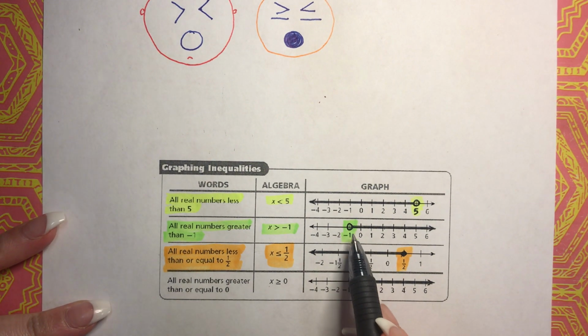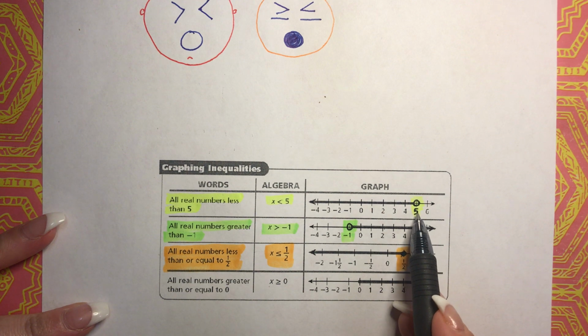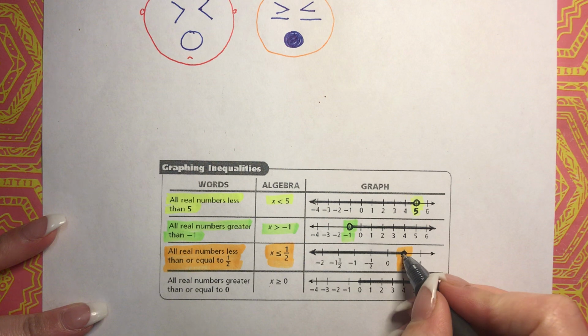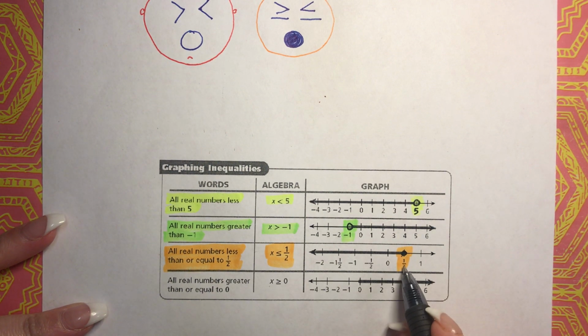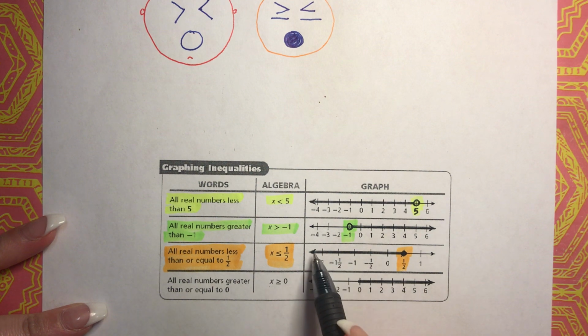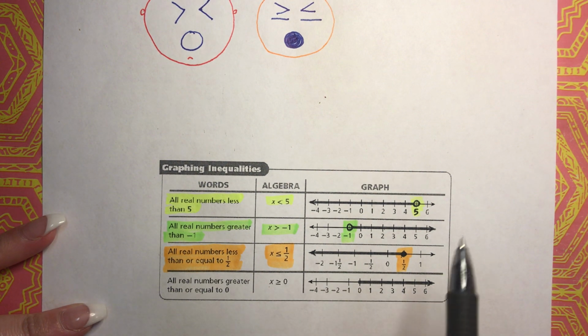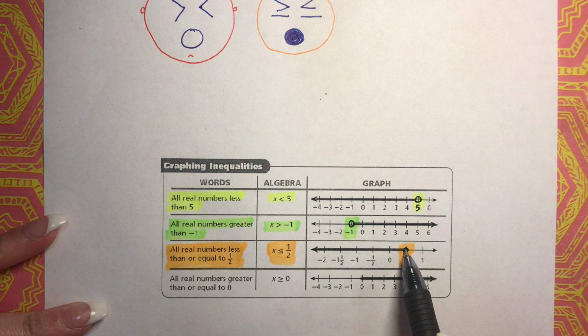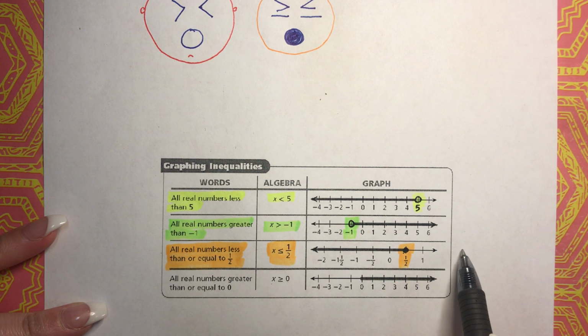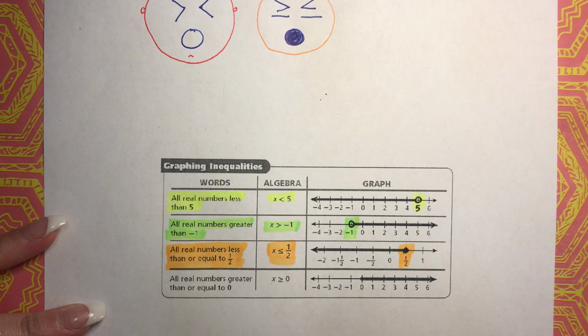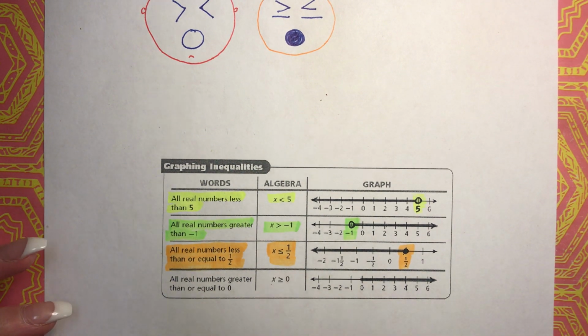Versus right here, the open -1 is not a solution. 5 with that open circle, 5 is not a solution. But when it's closed like that, 1/2 is a solution, and really everything less. So everything this way would also be a solution. Anything over here would not be a solution to this inequality.